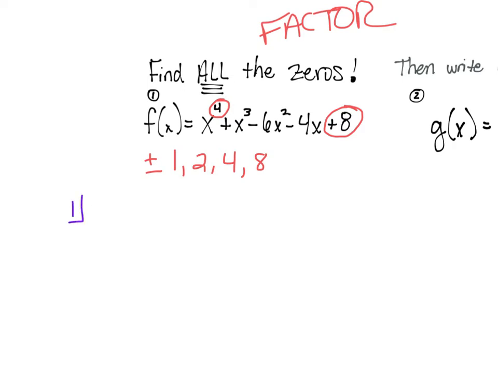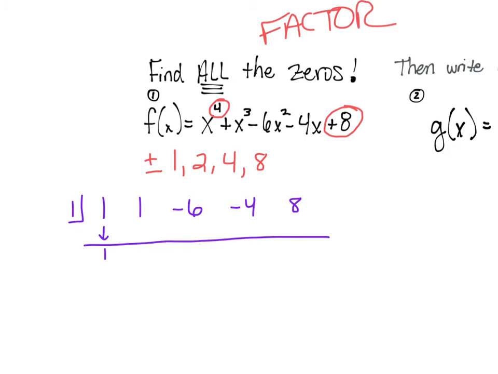The way that I do that is I synthetically divide. So I have 1. What's the coefficient of x to the third? 1. What's the coefficient of x squared? Negative 6. What's the coefficient of x? Negative 4. And what's my constant? 8. Okay, perfect. We all know how to do synthetic division. Take your time so you don't make any silly mistakes with signs.